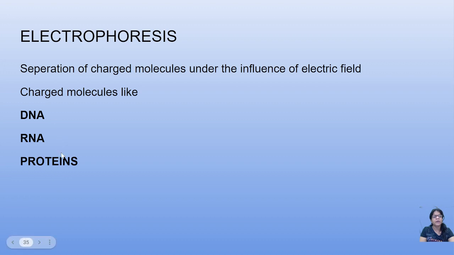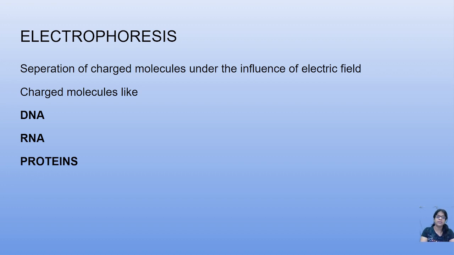In the same way, proteins can be either positively or negatively charged, because proteins are nothing but a chain of amino acids, right? So this chain of amino acids has to be made into one charge. That can be done with SDS electrophoresis.